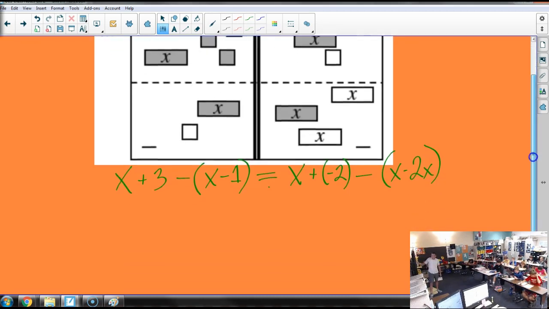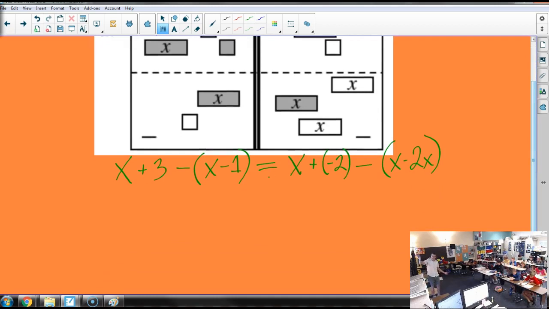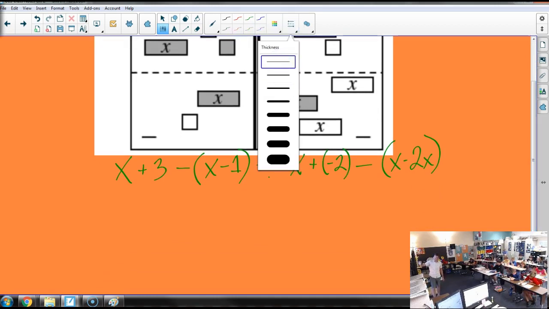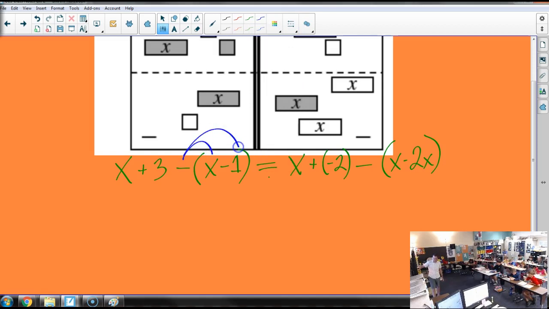And really, when I start cleaning up, I distribute the negative because how I set it up, I have to. And I'm not going to use red because we're on an orange background and that's just weird. So x plus 3 minus x plus 1. x, I could write minus 2 if I want. Sure, we'll do subtraction today, make some people happy.